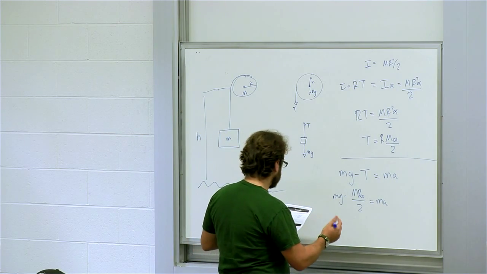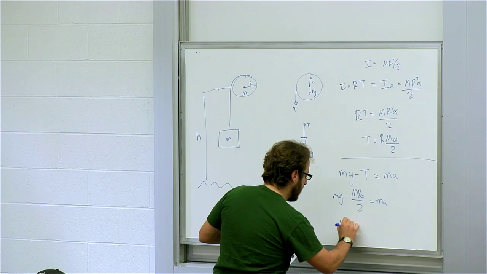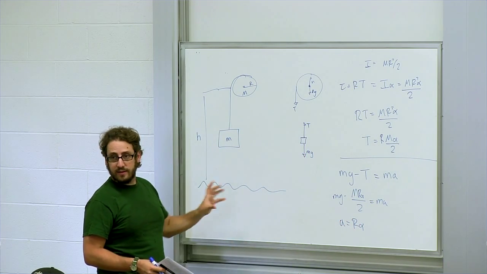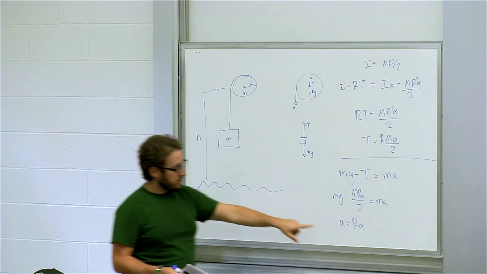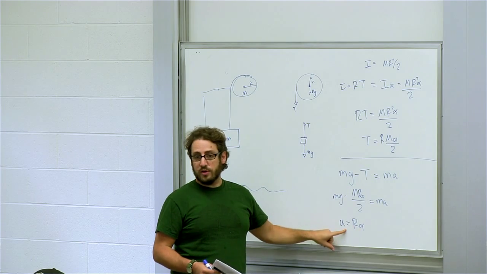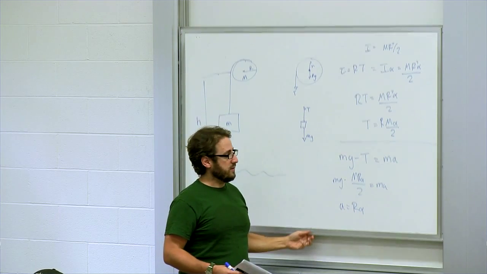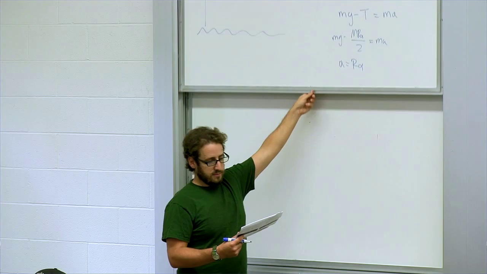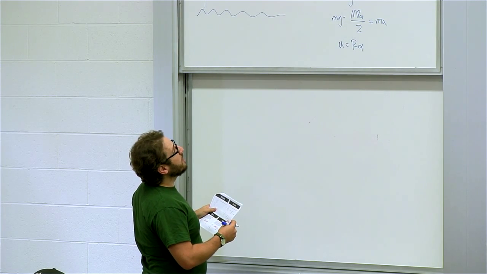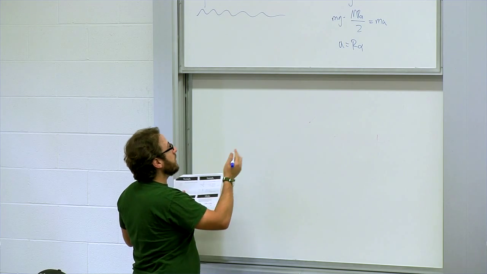Which means that we can say A is equal to R alpha, right? So here's how we connect the linear and rotational motion. A and alpha are not two free parameters. They're connected to each other by the radius, right? And that's where that R goes.